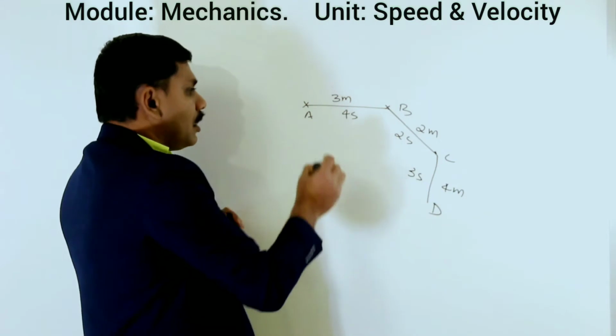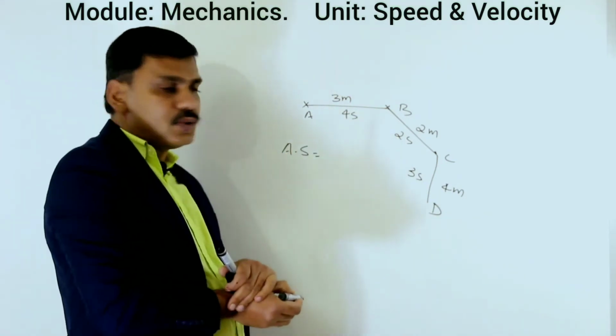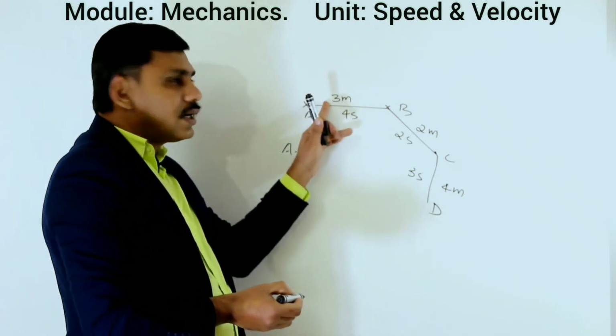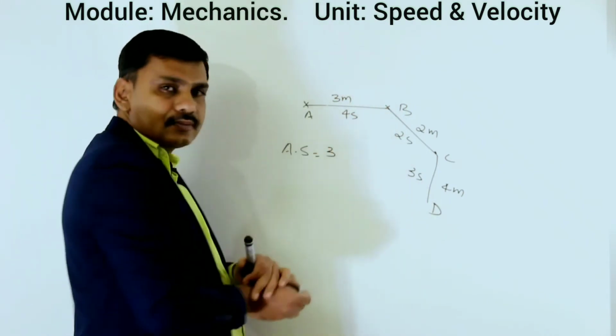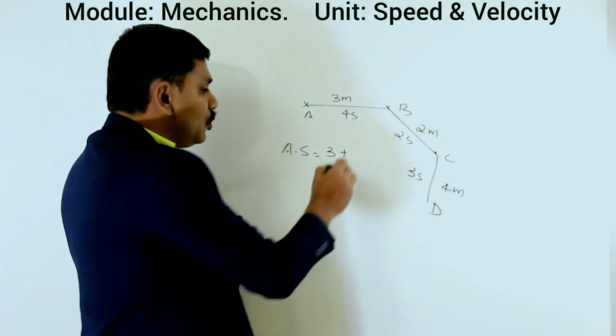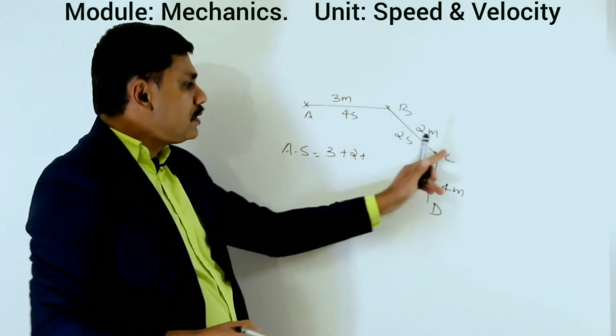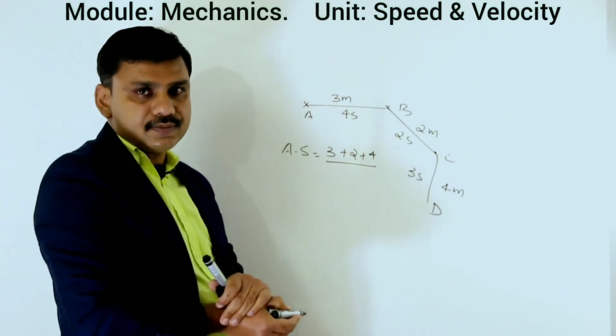Then what is the average speed here? Average speed is equal to total distance. A to B is 3 meter, plus B to C is 2 meter, plus C to D is 4 meter. So this is the total distance.